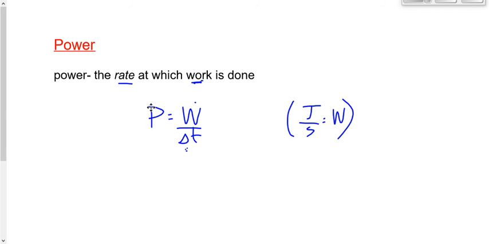How are you going to find the work that it takes you to climb up the stairs? Well, we know that work is equal to change in energy. How much energy do you have after you've reached the top of the stairs? What kind of energy do you have after you've reached the top of the stairs? Potential energy. So we're going to say the final energy is mgh final. What kind of energy do you have at the bottom of the stairs before you go? Zero. You have no energy at the bottom.